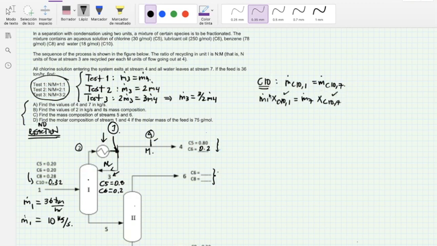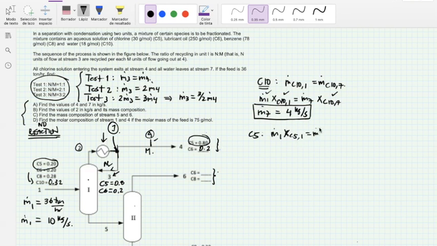So I already have these numbers. Therefore, the only thing that I don't have is M7. And you can try it and prove if this is right or wrong. So you have 4 kilograms per second there just by using C10. I notice that there is also C5, and I just have C5 at the beginning and C5 at the end. So let's try C5, and the mass flow is M1 times X C5 at 1 equals M4 times X C5 at 4.